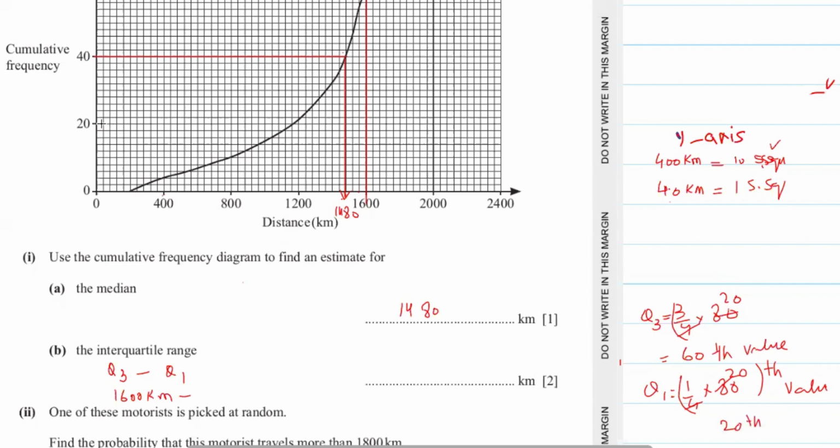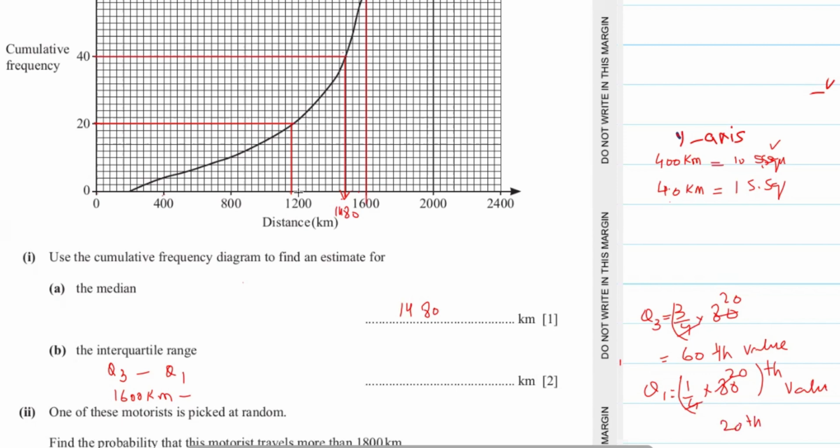For the 20th value motorist distance, look here, this is the position on the cumulative frequency 20, and we draw the horizontal line. From this horizontal line we draw the vertical line, and this vertical line meets the x-axis at this position.